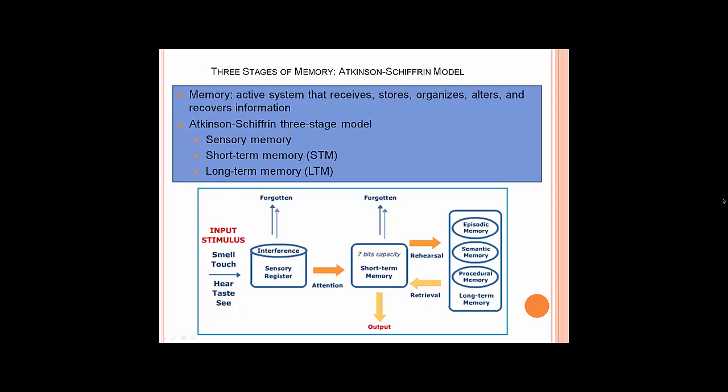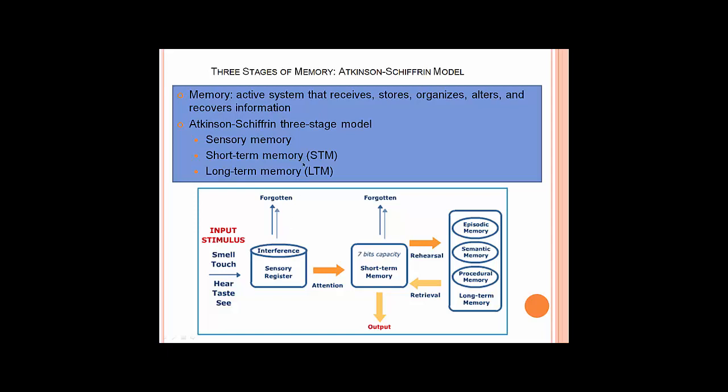Yeah, your memories are altered, and you'll see more of that also in a couple of the other videos that I have there for you. And it recovers information. So the three-stage model is sensory memory, short-term memory, and long-term memory.